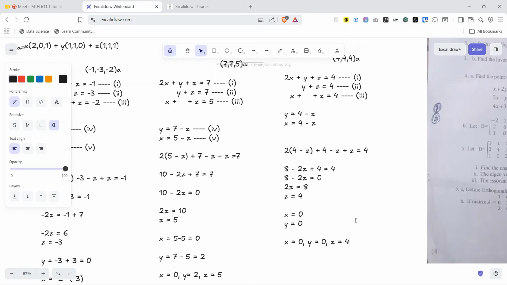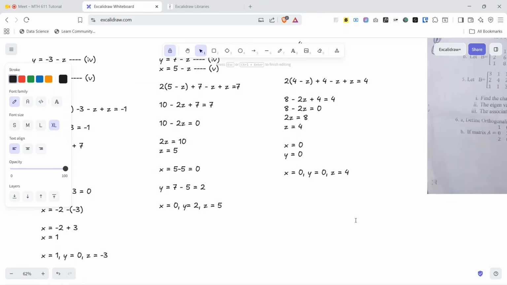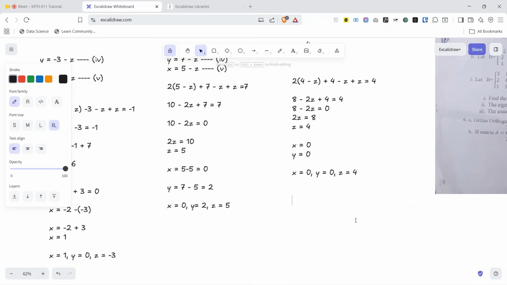So we are now going to turn this into a, what's it called now? Is it a matrix now? Yeah. That would give us 1, 0, minus 3. Then the second one is 0, 2, 5.